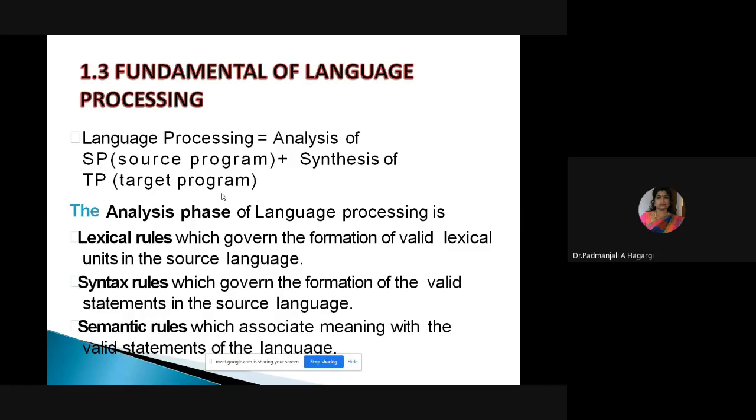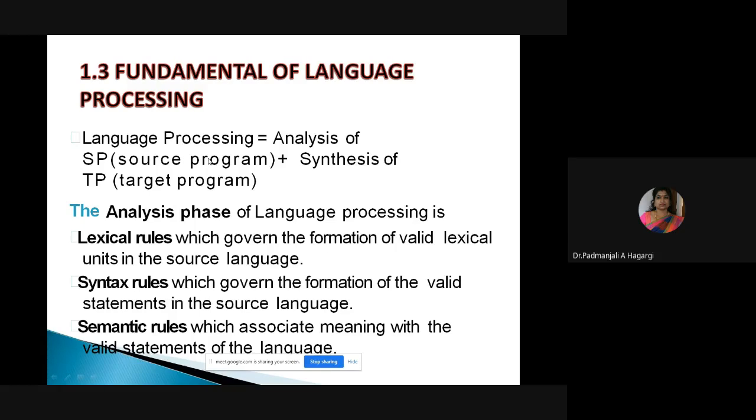Now how is language processing done? Say for example, I have int a, b, c. How is this line of code processed? Analysis of the source program, synthesis of the target program.